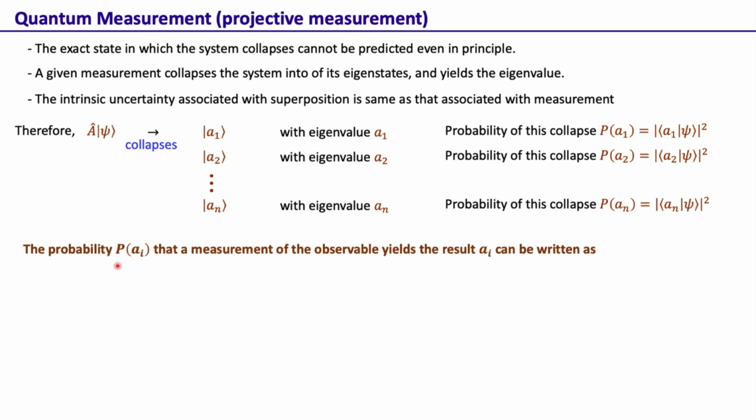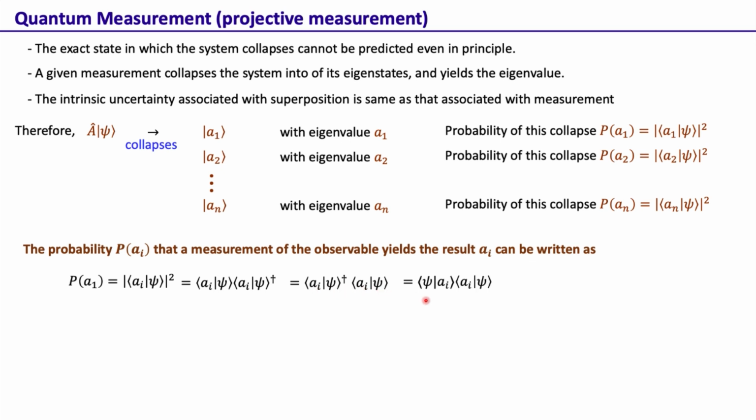Okay, now the probability P(Ai) that a measurement of the observable yields the result Ai, let's write it in this manner. This we can write as |<Ai|psi>| squared, and of course we can write this as <Ai|psi> times <Ai|psi> dagger. Since these are complex numbers, we can switch them.